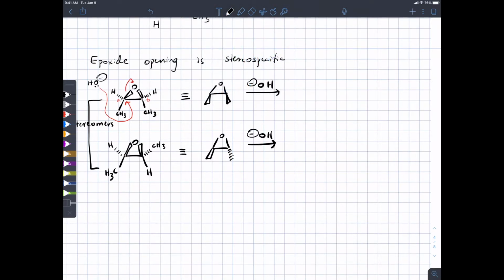All right, so let's now draw that product. Here is the O minus that left and then gets protonated later. The OH comes in from the back side, so that means the OH is going to be here. And here are my two methyl groups.